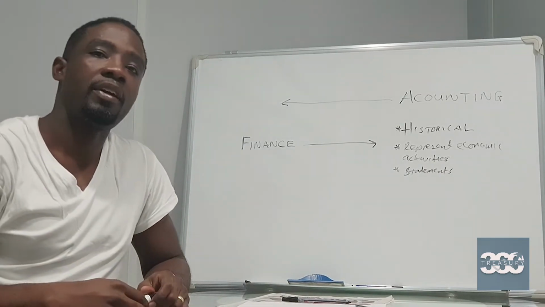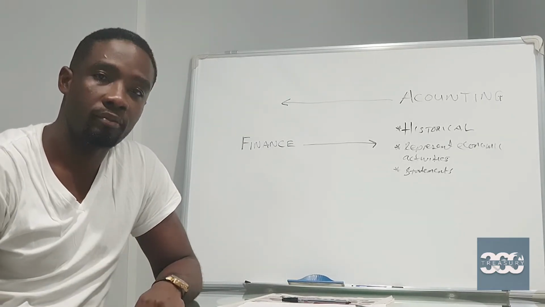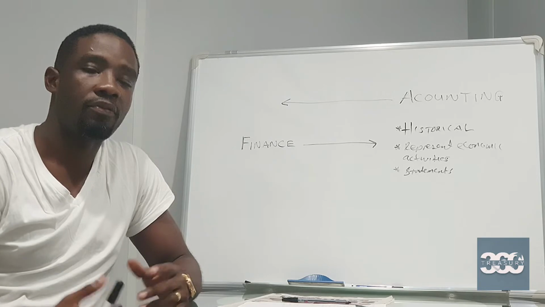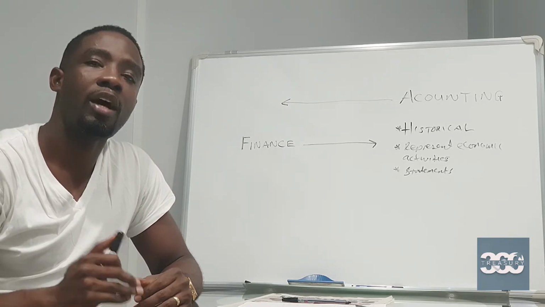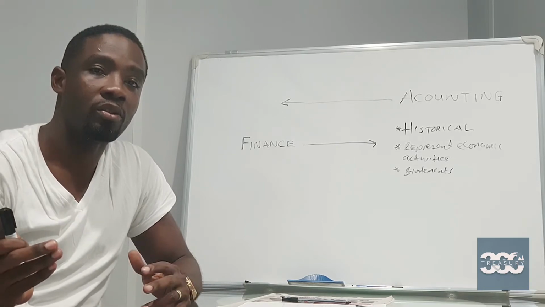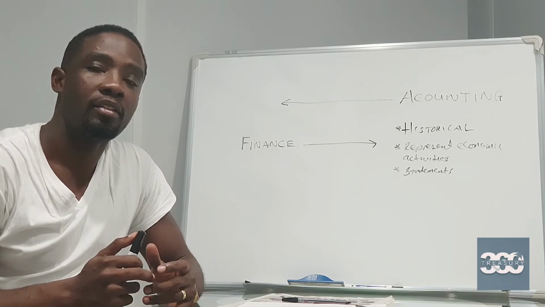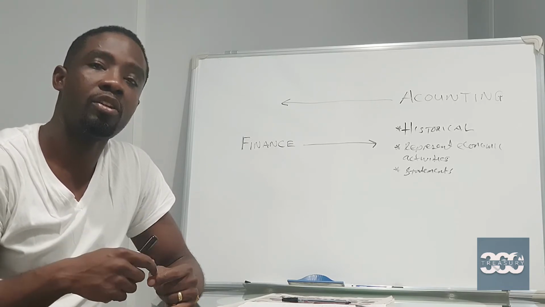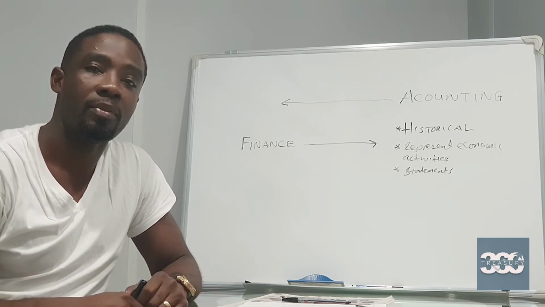Alright, now look at finance. Finance is future looking, and finance would be worried about what is to happen in the future. The future is usually unknown, and so you make assumptions of the future, and the level of accuracy of your assumptions determines how successful you are as a finance person.